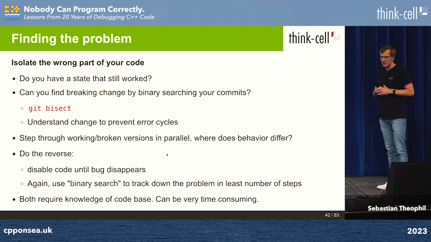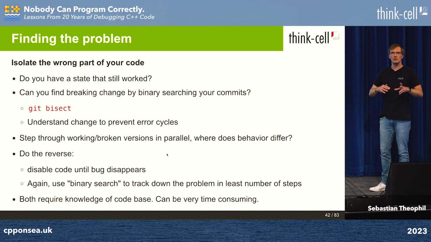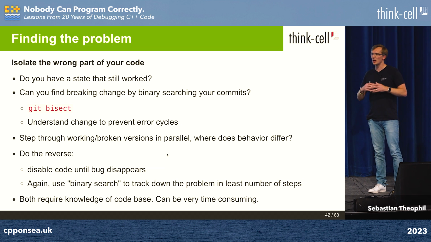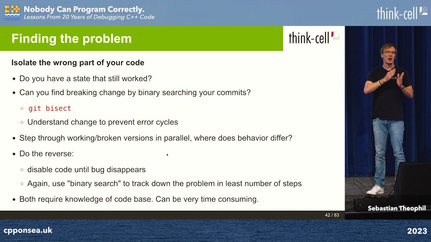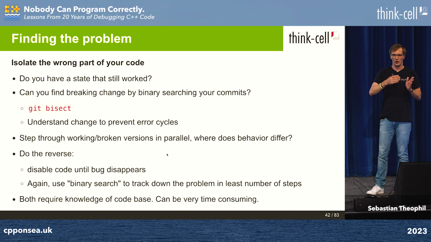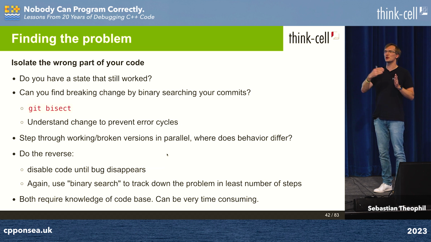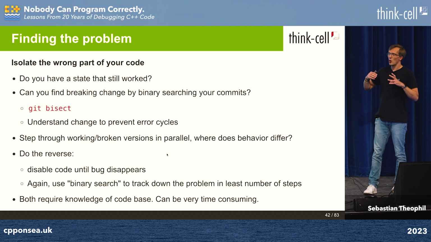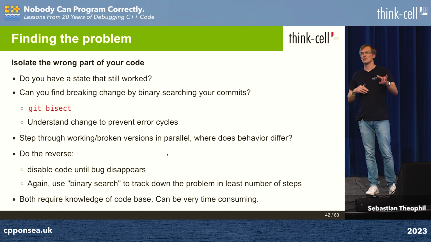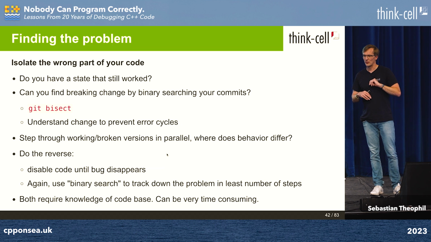What you can also do is, sometimes you know that a bug wasn't there in a previous version two weeks ago, and now it's there. And you can maybe use git bisect to find out which commit in your source repository introduced the behavior you're seeing now, the bug you're seeing now. That's a very important technique because that can help you understand what you were trying to achieve when you introduced that bug.